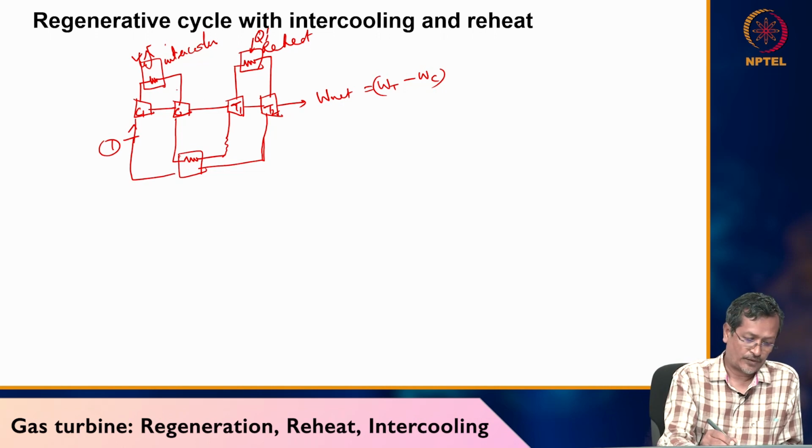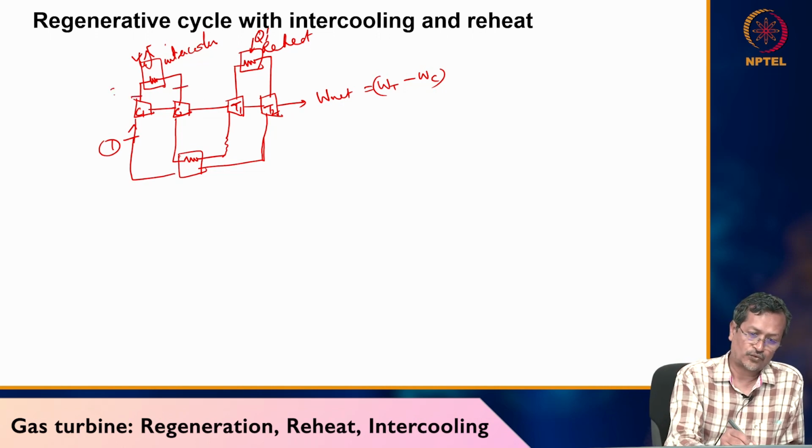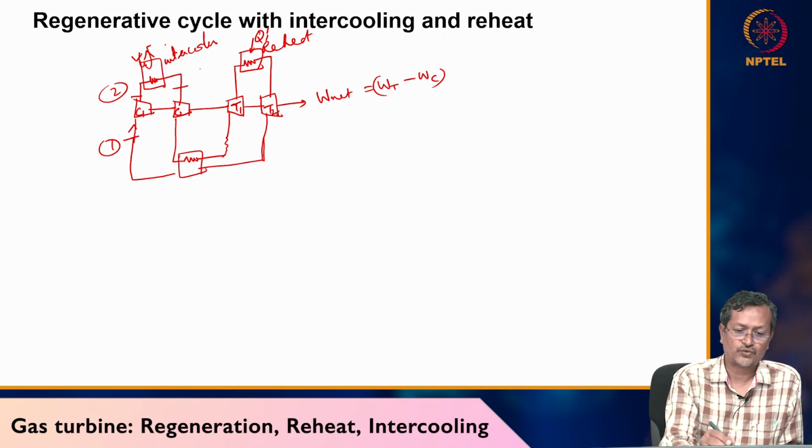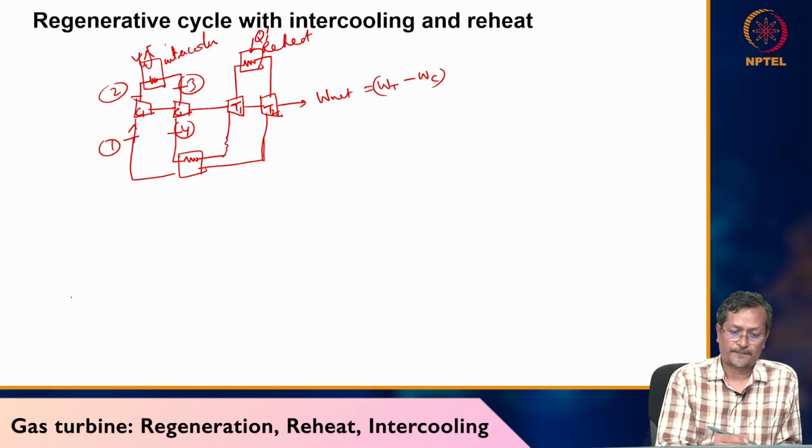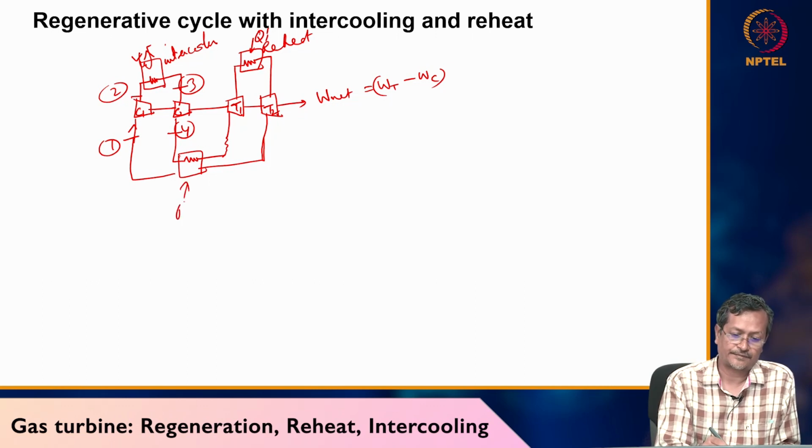Now it will be more clear. 1 to 2 it is compressing, 2 to 3 intercooling happening, 3 to 4 compression again happening, 4 to 5 what is happening here? The regenerator.